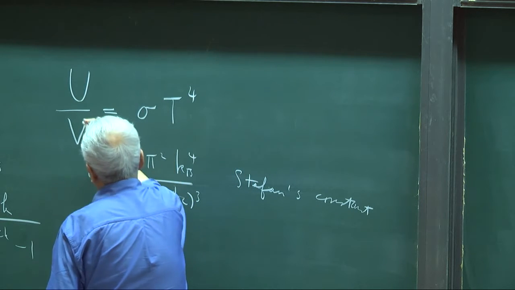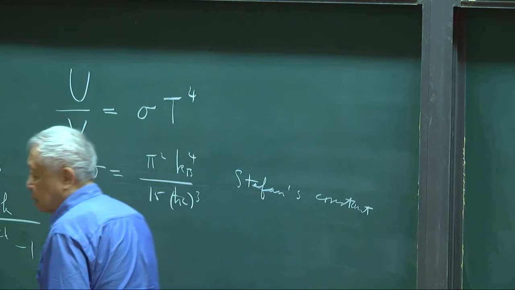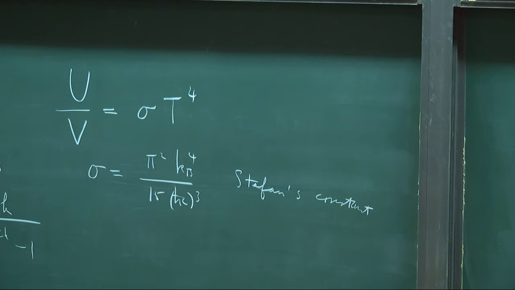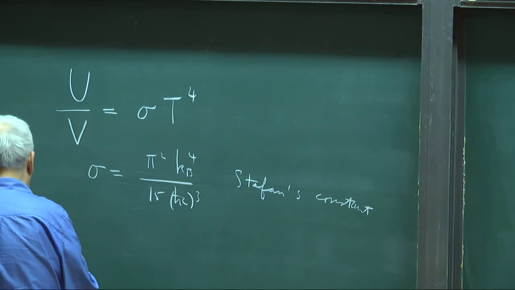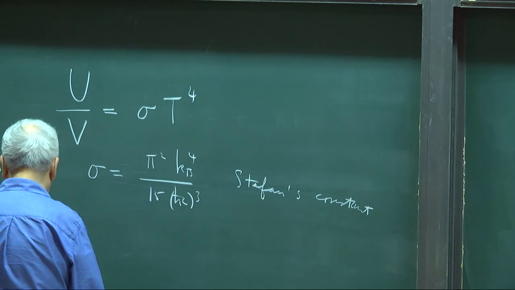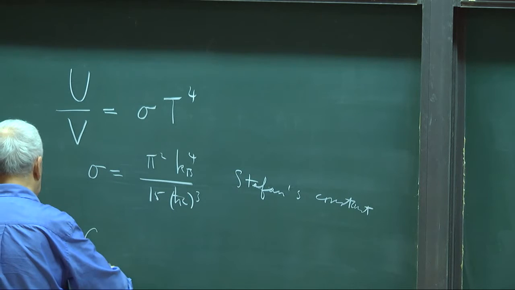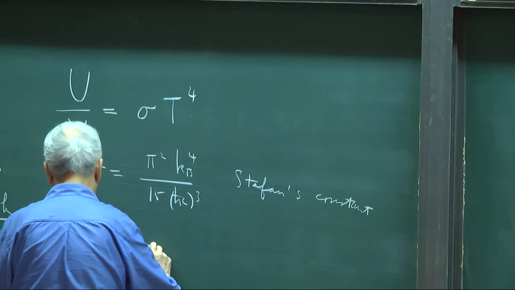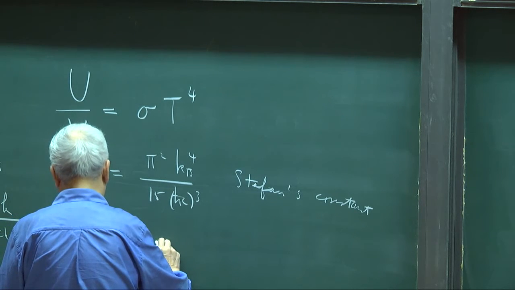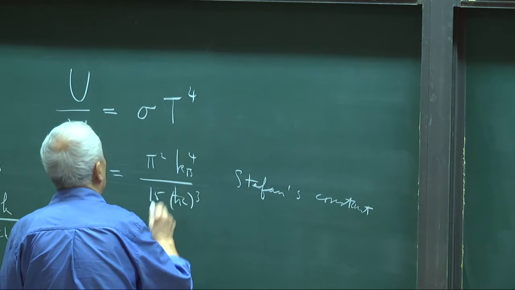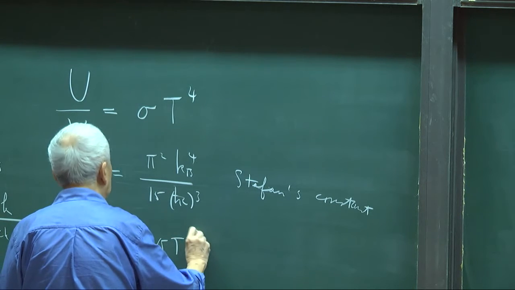So the energy density of a photon gas goes like T to the 4th power. And therefore the heat capacity goes like T cubed, 4 sigma T cubed.